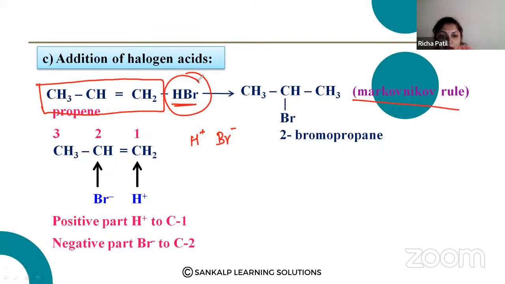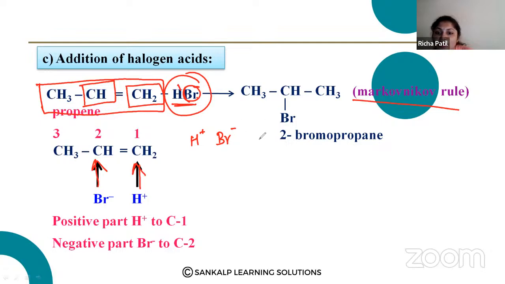Whenever you add a halogen acid across the double bond in an unsymmetrical alkene, the negative part, which is Br, is added to the carbon having the lesser number of hydrogen atoms. Now this is propene. Across this double bond, this carbon is CH, so it has only one hydrogen, and this one has two hydrogens. So Br will be added to the carbon having fewer hydrogen atoms, and the hydrogen atom will be added to the carbon having more hydrogen atoms.